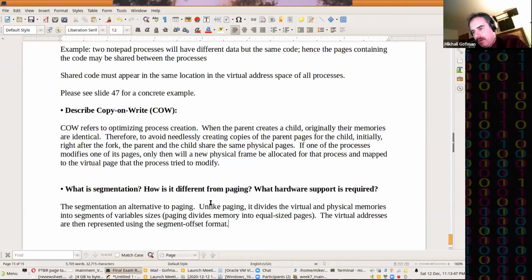What hardware is needed to support this scheme? A segment table hardware is needed.